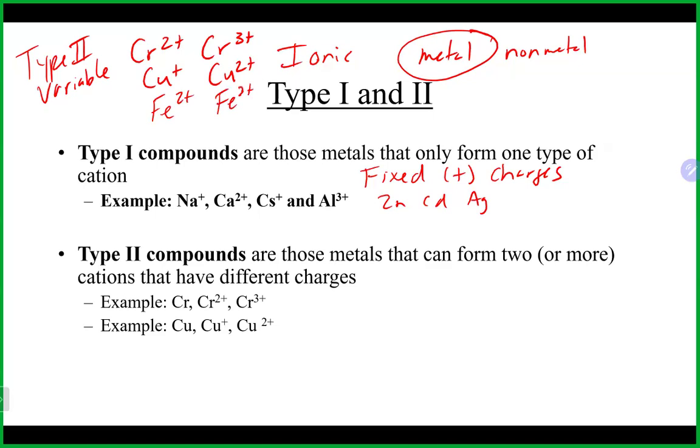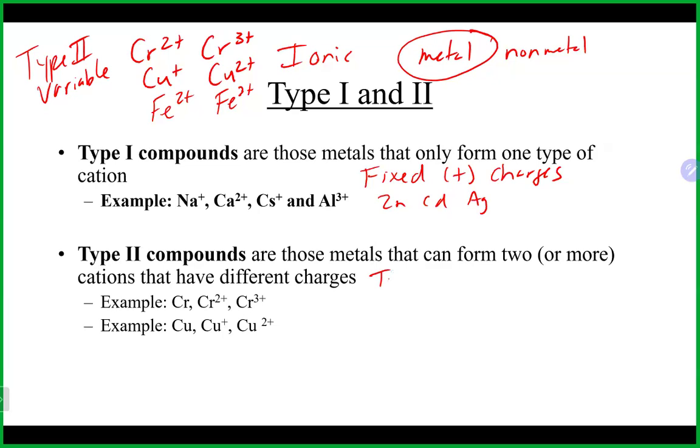So in the case of a type 2 metal, we actually need to figure out what the charge is because it can be variable. And these are typically our transition metals.